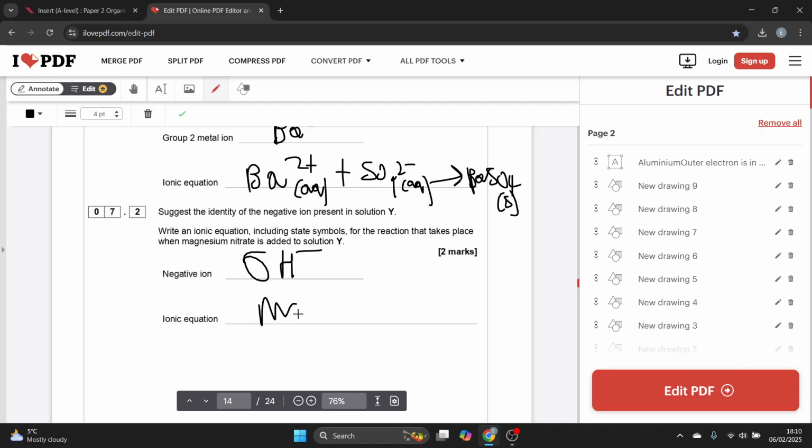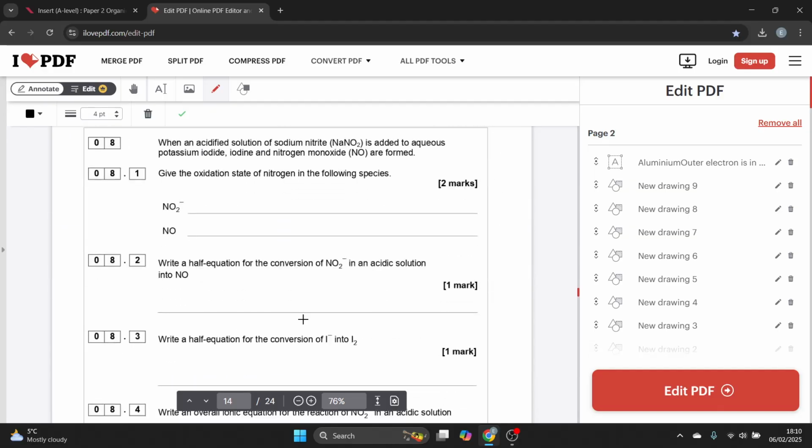So it's going to be Mg2+ aqueous, so magnesium, plus OH- aqueous. What do I need here? I need a 2 here to form Mg(OH)2, magnesium hydroxide solid.